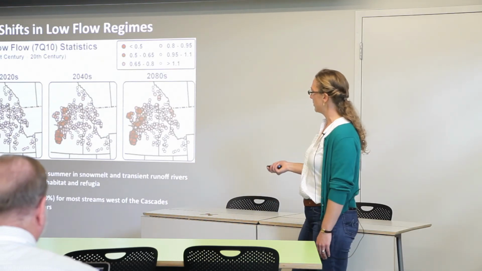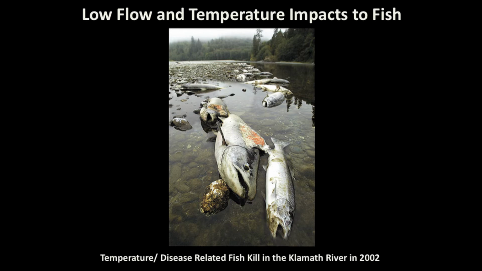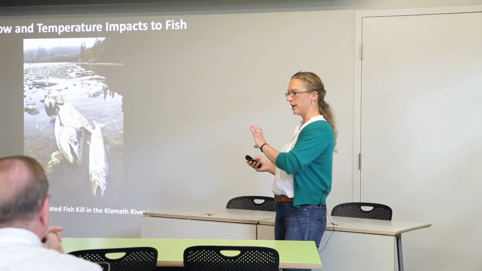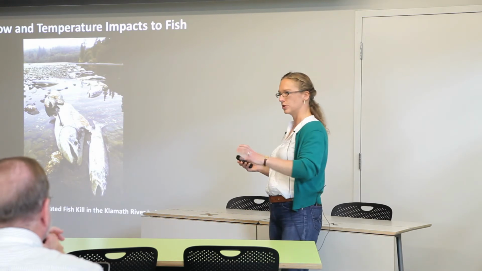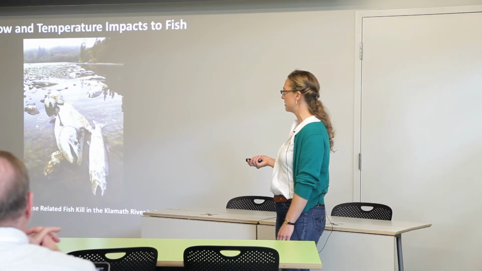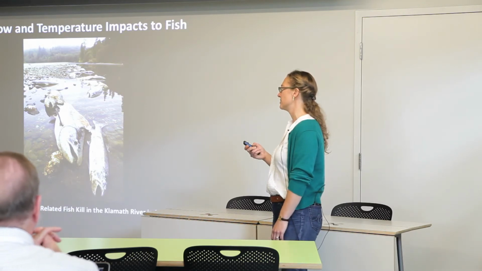So in terms of low flow, it can exacerbate the temperature impacts of the future, because this is a picture of the Klamath River in 2002. The whole run of Chinook salmon died because it was a drought year, and if you have shallower water, then it's more exposed to sunshine, so it warms up more. And what happened here was also humans.